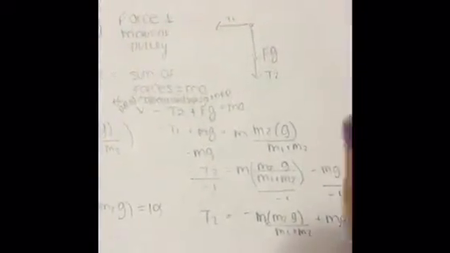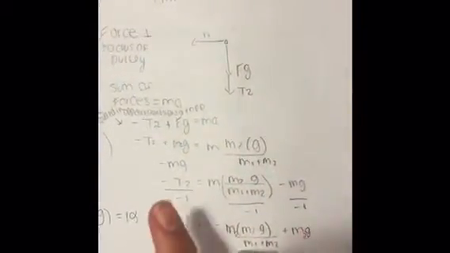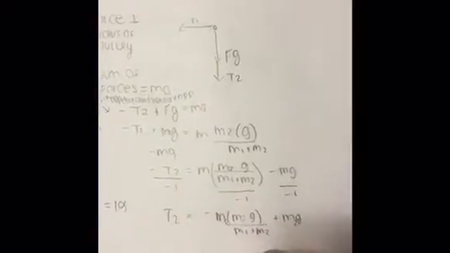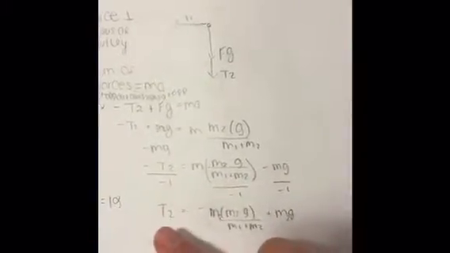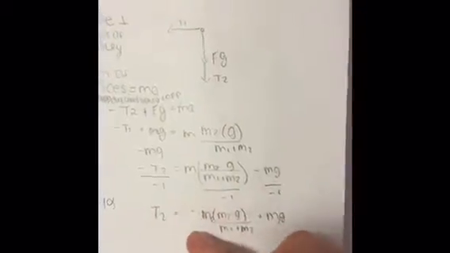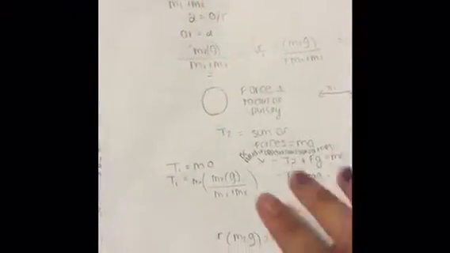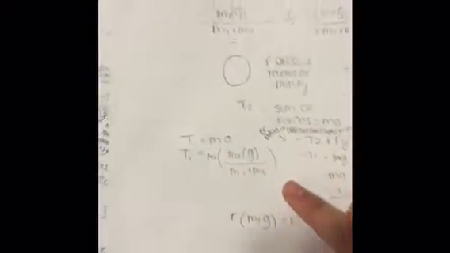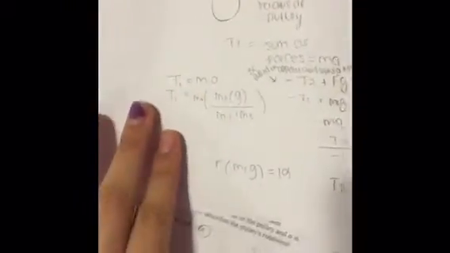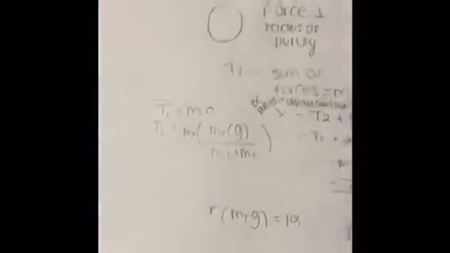So you're going to subtract Mg, and then you end up getting that T2 equals negative m2 times m2g divided by m1 plus m2, plus Mg. So yay, we have T2, and now we can do that for T1. We can solve for T1 by using ma, the same formula.